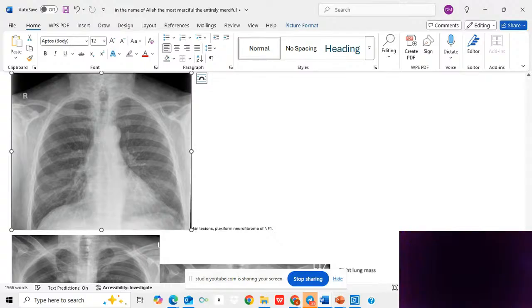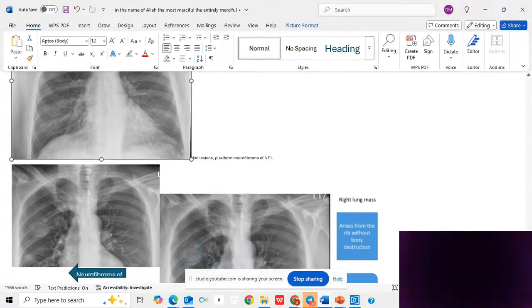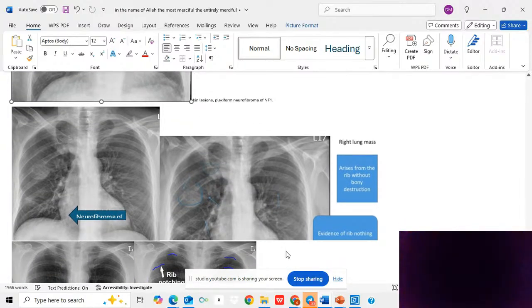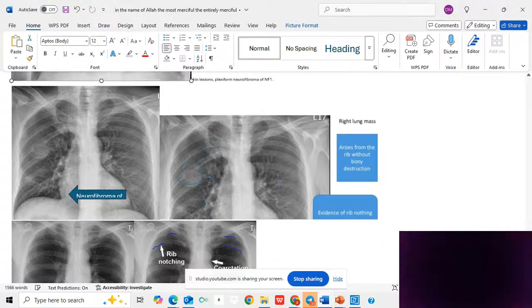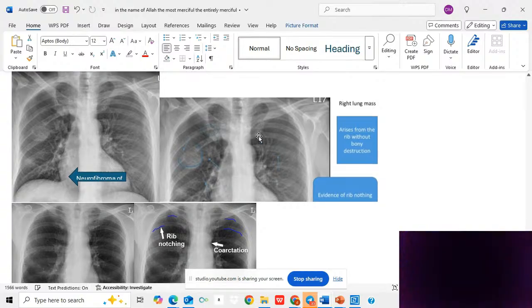Let's see the next case. This is the next case, and this is an illustration of this case.